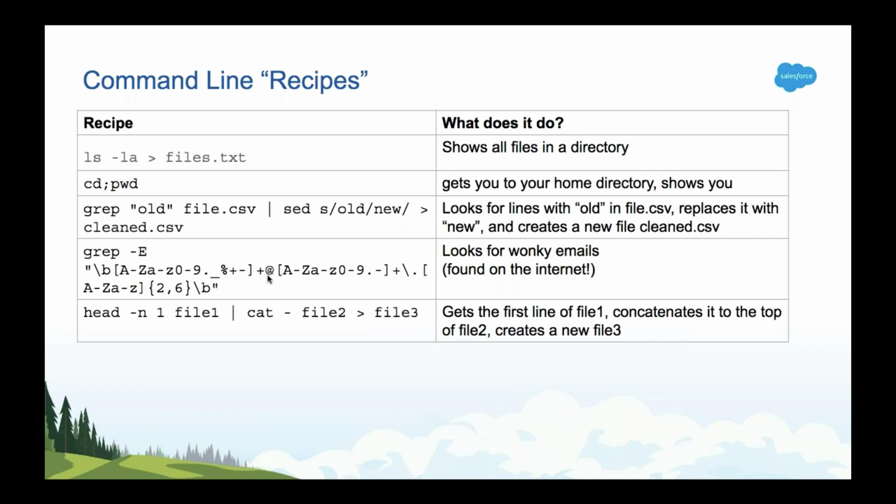So this is looking for the at symbol, and then a whole bunch more letters and numbers, and a few other things that you can include in an email address, and then it's looking for the dot, and then 2 to 6 other characters that form the last part of the domain.